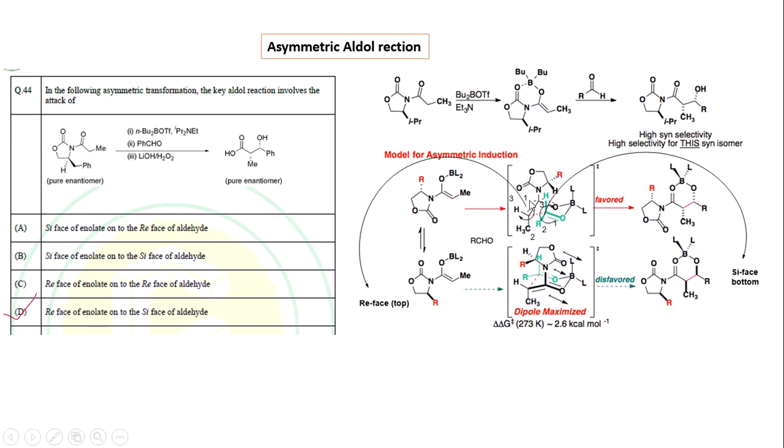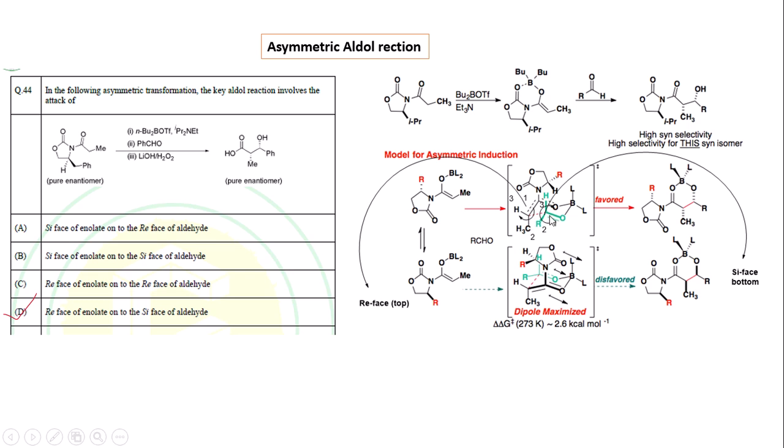Here, if we arrange in the priority sequence, this becomes 1 and the methyl becomes 2 and the hydrogen becomes 3, and it goes in the clockwise direction, 1 to 2 to 3 clockwise, and clockwise means it is the Re face, so it is the D face.